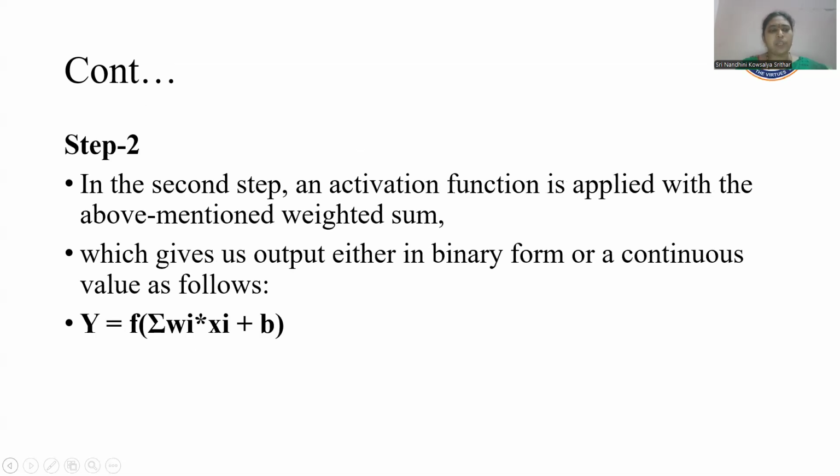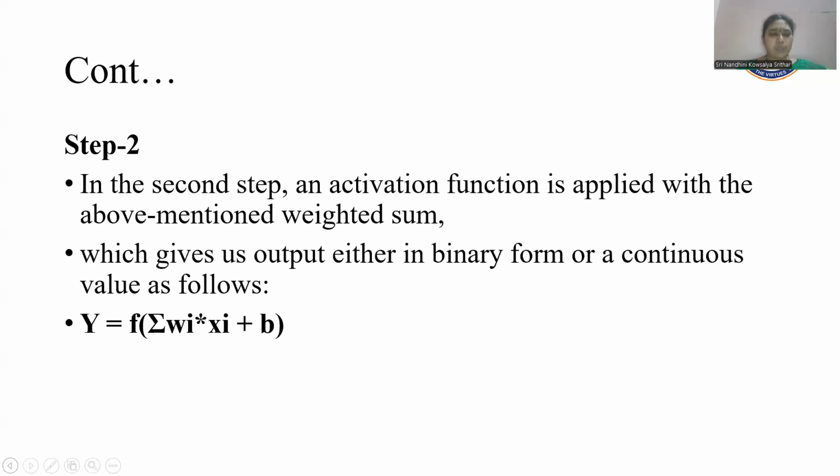Then in step 2, an activation function is applied to the above mentioned weighted sum. Here we take the input values along with their weights, and then add the bias. In step 2 we apply the activation function, mostly the step function, which gives us the output either in binary form or as continuous values.